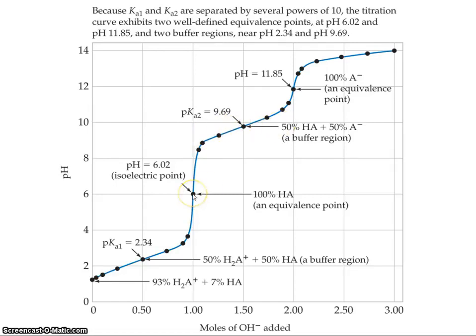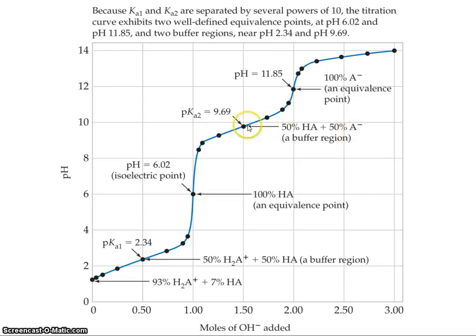So between equivalence point 1 and equivalence point 2, I'm going to have pH equals pKa2. All along here I've got a buffer that's made up of H2A and HA.